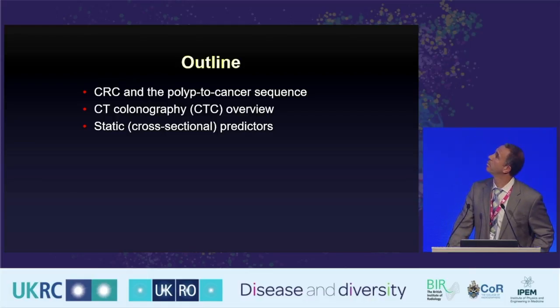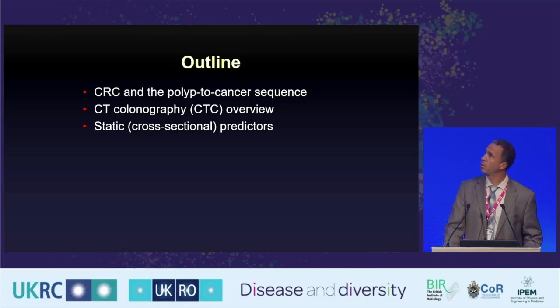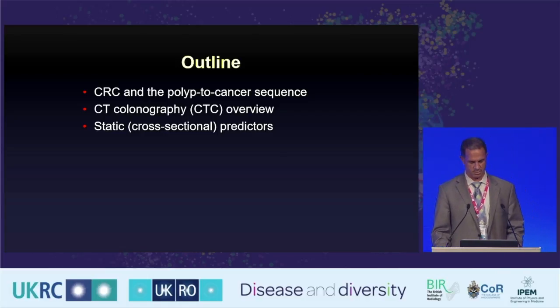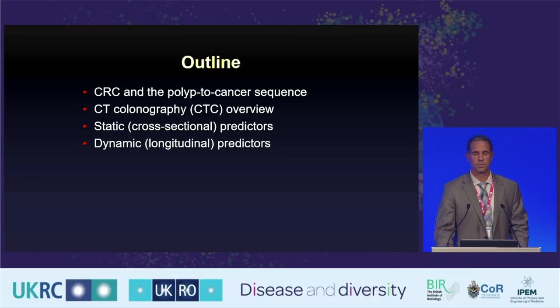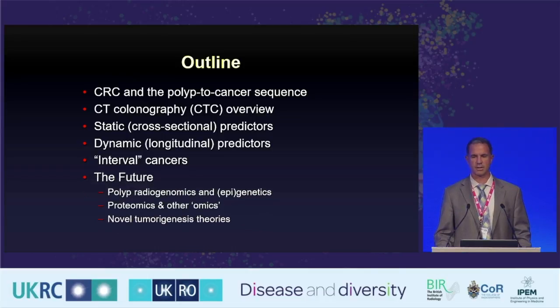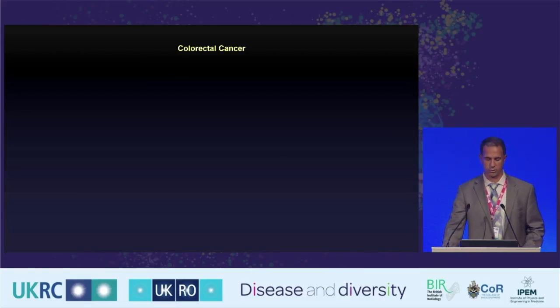And then dynamic. I'll focus more on dynamic issues because those are what CTC adds to all of this in a novel way. Finish up with interval cancers, and then if there's time, I'll touch on the future of some of the other things we're working on that may shed more light into this natural history process.